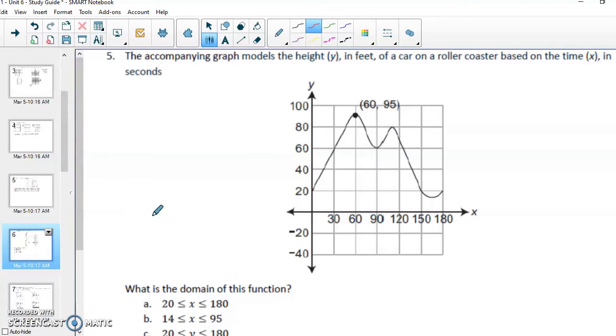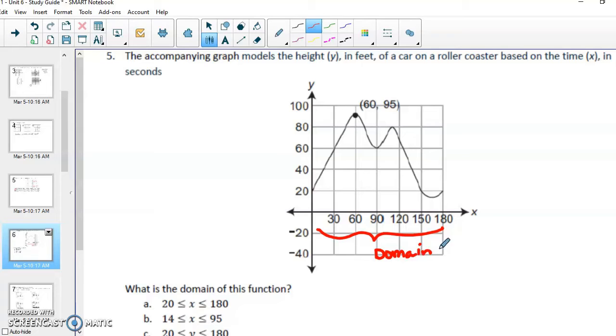There is actually a typo on this problem, so let me go through what the answer is, and then what the problem is, then we'll look at the choices. The accompanying graph models the height in feet of a car and a roller coaster based on time in seconds. Domain is the x values.